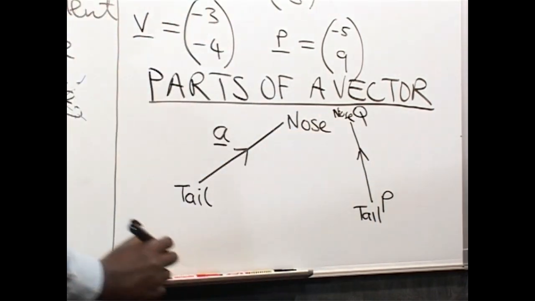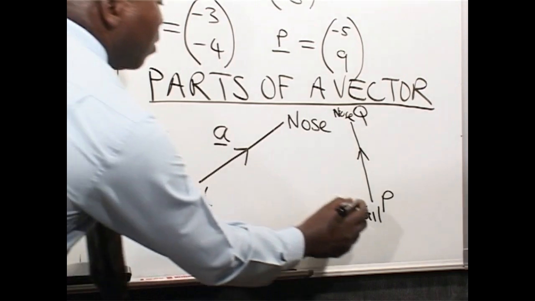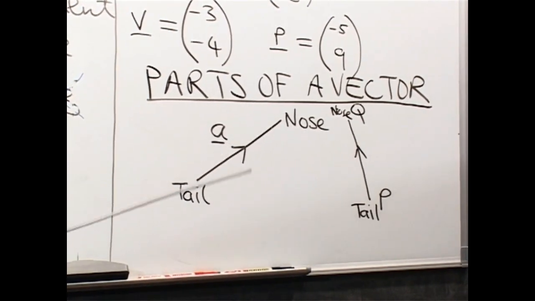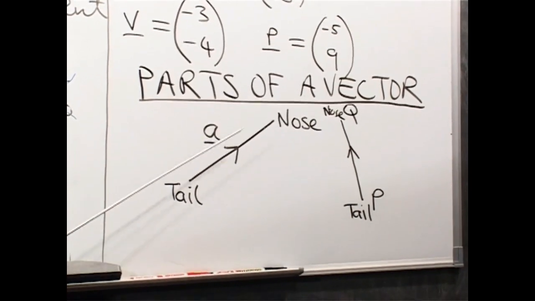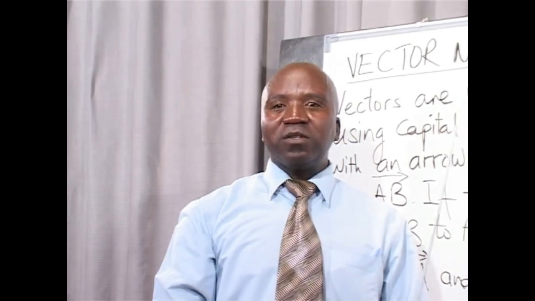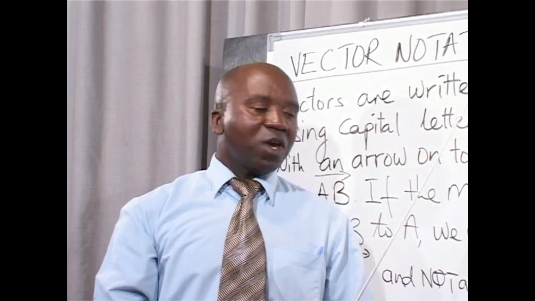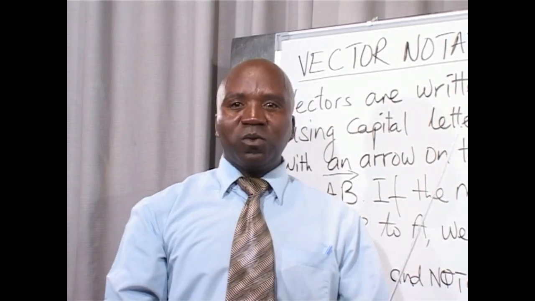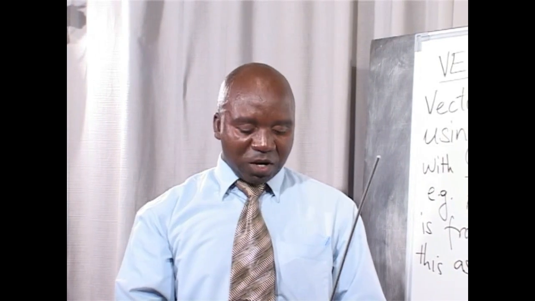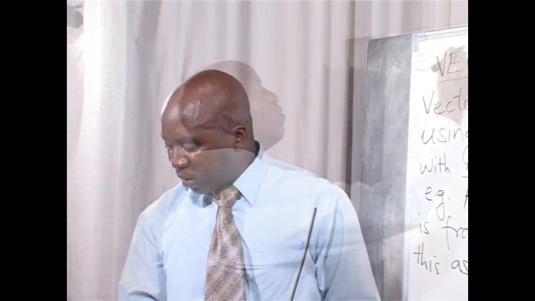The end point will be the nose. We use this in vector addition, as we shall see later. When you are adding vectors, if I want to add vector AB plus vector PQ, then we add tail to nose. We shall see that later when we come to vector addition.